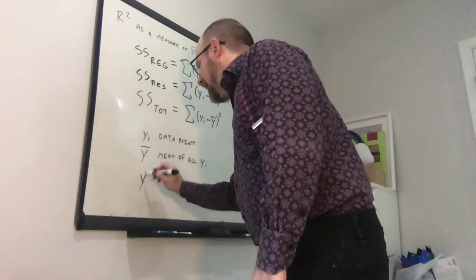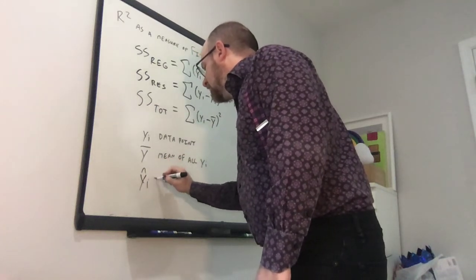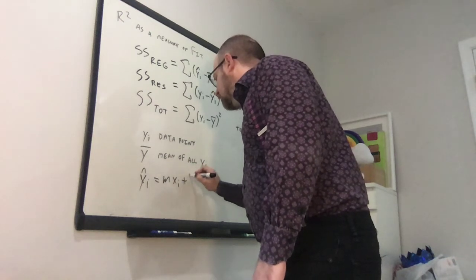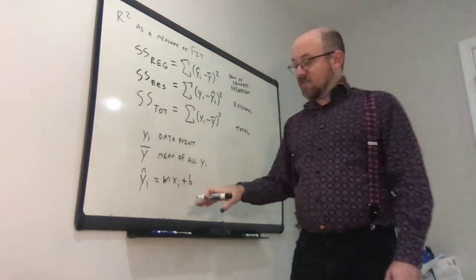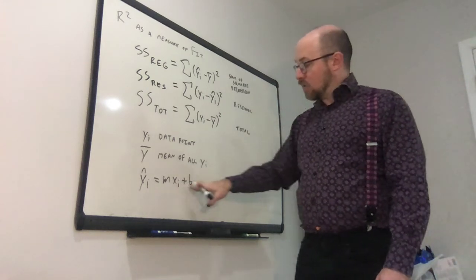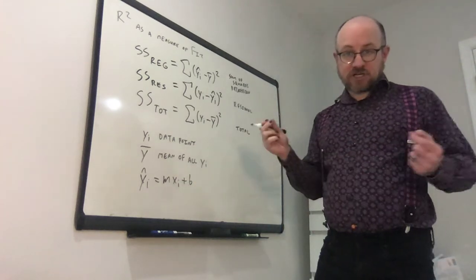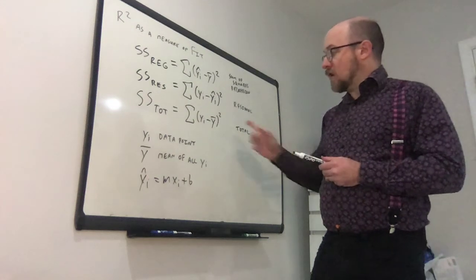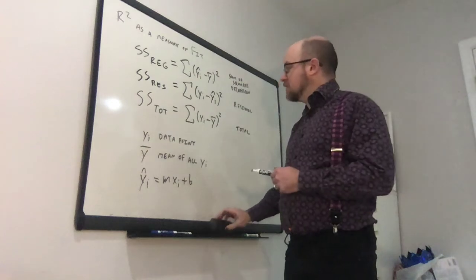And then yi hat is mxi plus b, right? That's the predicted value if you actually took xi and plugged it into the equation, where y equals mx plus b is our regression equation that we found earlier. Okay? So that's the terminology.